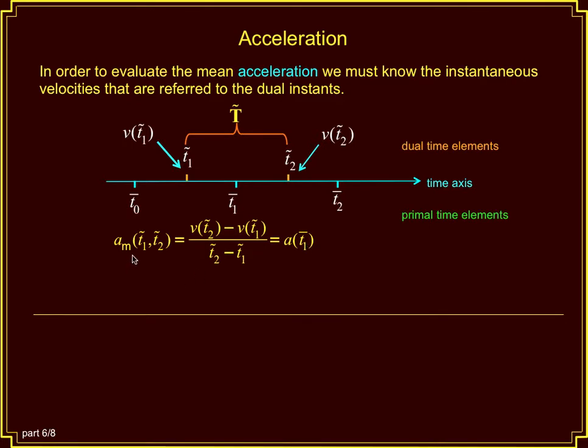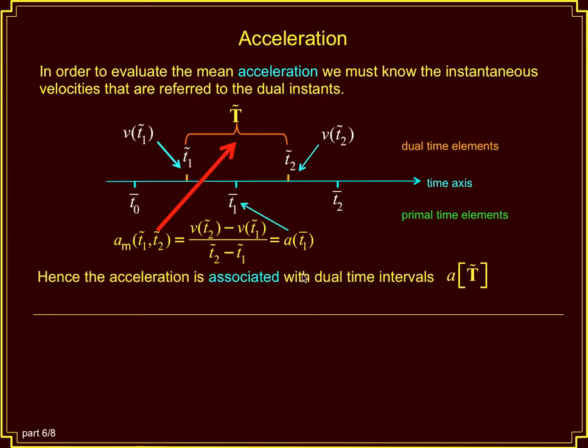Now, the mean acceleration is the difference of the velocity divided by the extension t2 bar minus t1. Now, this acceleration is associated with the middle instant of the interval, here, t1. As you see, the mean acceleration is associated with a dual time interval and is referred to the primal time instant.